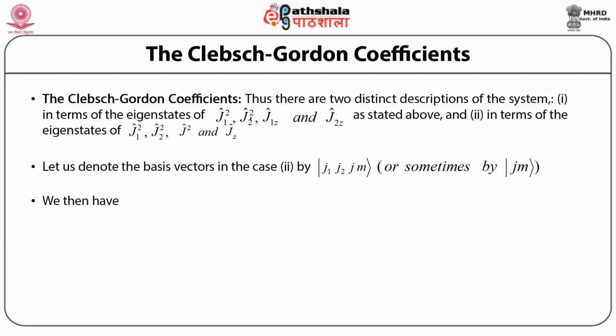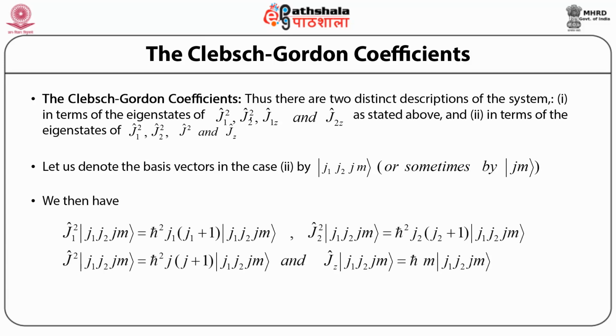We then have operator J1 square acting on ket J1 J2 J m is equal to h cut square into J1 into J1 plus 1 into ket J1 J2 J m. Similarly, operator J2 square acting on ket J1 J2 J m is equal to h cut square J2 into J2 plus 1 into ket J1 J2 J m.